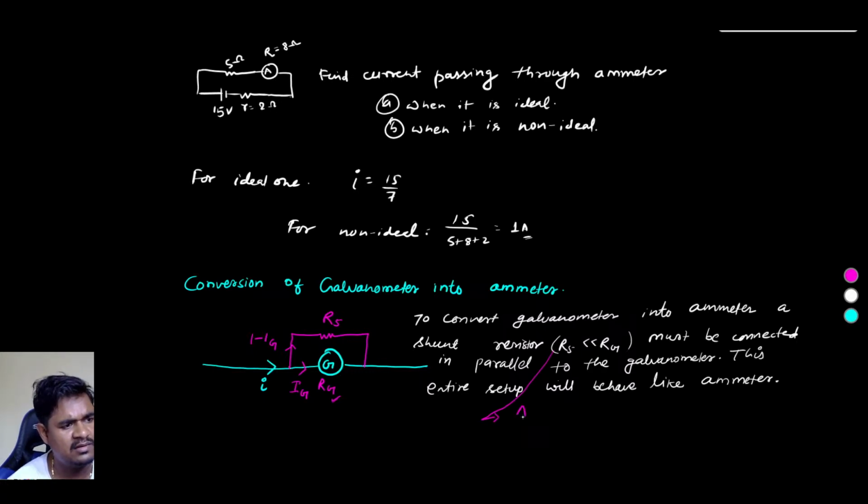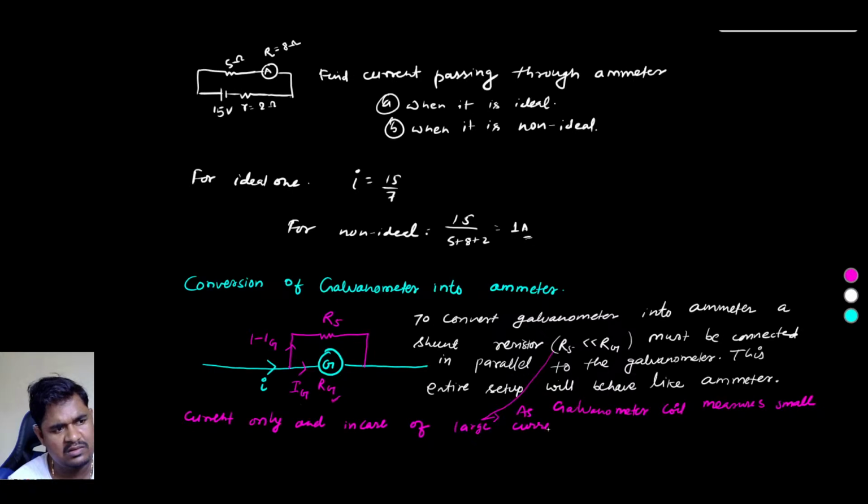We can say that as a galvanometer coil measures a small current only, in case of a large current, it gets damaged.